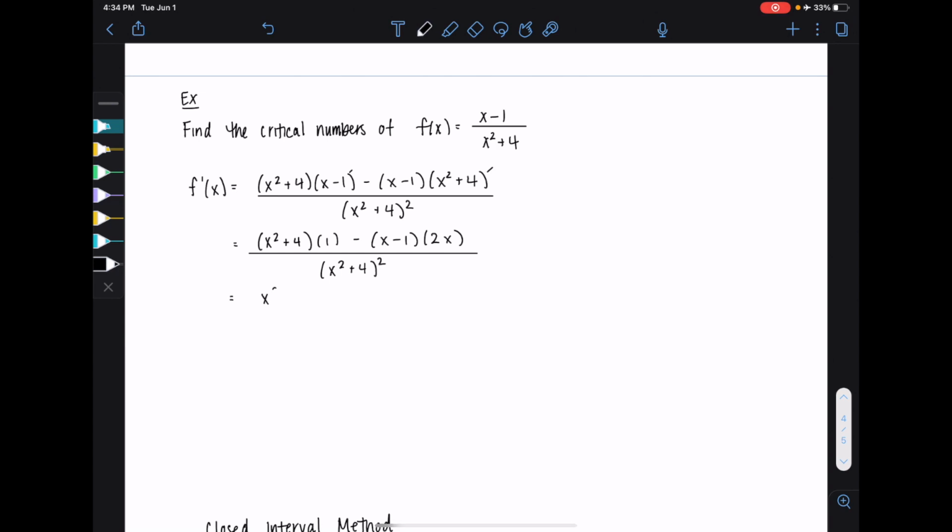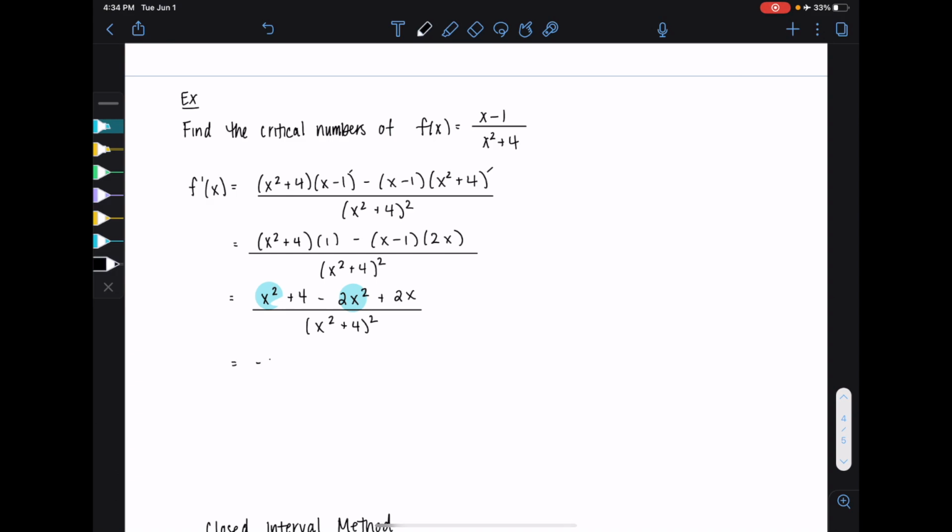Distributing that out gives us x squared plus 4. Distributing that minus and the 2x gives us negative 2x squared plus 2x. And then all over (x squared plus 4) squared. Okay. Combining my like pieces, that's x squared. I got a minus 2x squared.